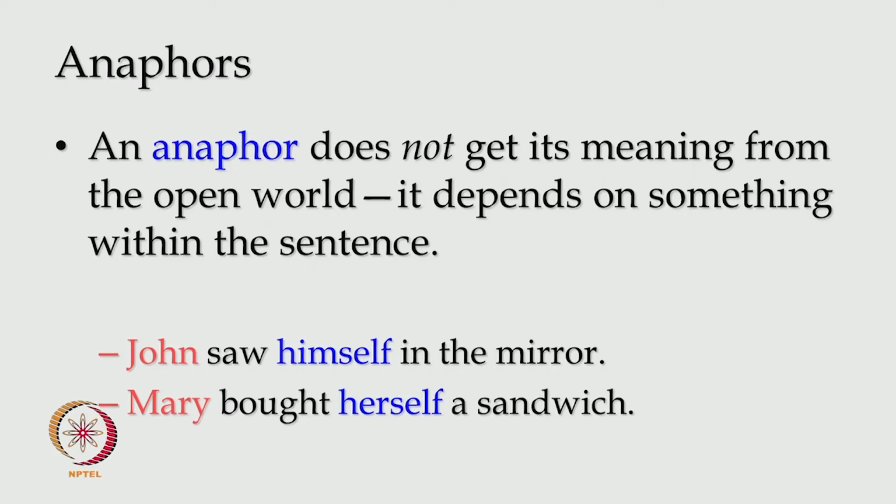So now let's look at them independently again before we look at these principles and X bar theory. Okay. So, a reflexive or an Anaphor now does not get its meaning from the open world, unlike the R expression that I just gave you. It depends on something within the sentence.